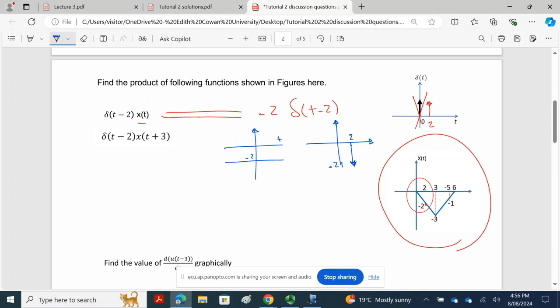Okay, so what we'll do is we first find x(t plus 3), which will be shifting it to the left. So it will be something like that. So this will be minus 3 at point 0, and that will be minus 3, and that's 3. So minus 1 sits at 2, correct?